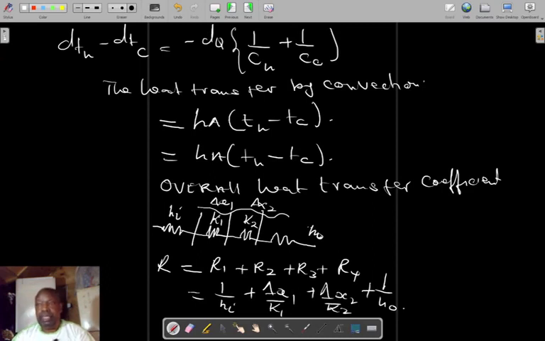So supposing now we applied our assumption that there is no resistance to heat flow by conduction. That will reduce to R equals 1 over hi plus 1 over ho as our total resistance.